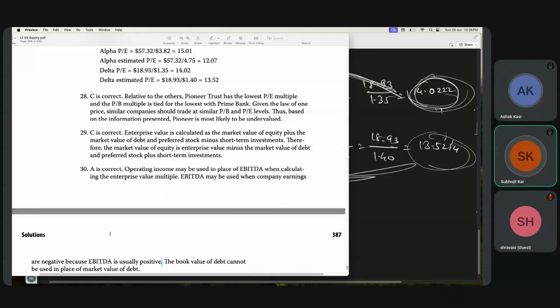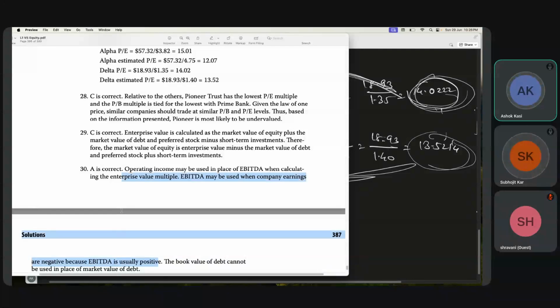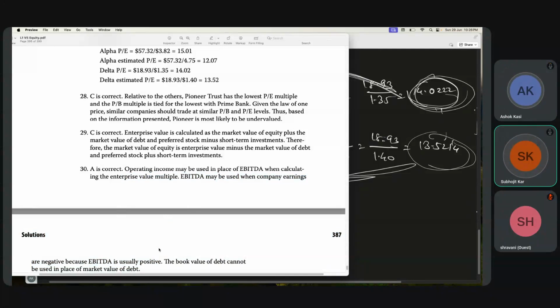So like, is it a printing machine? Okay, so even when it is negative, we should use it? They're saying EBITDA is positive. No, that is not making sense, no? Because EBITDA is negative.